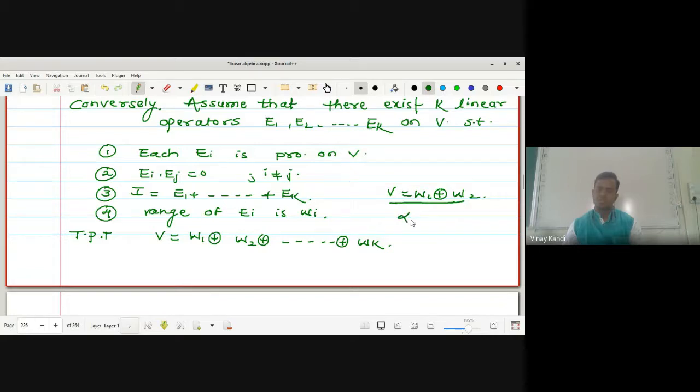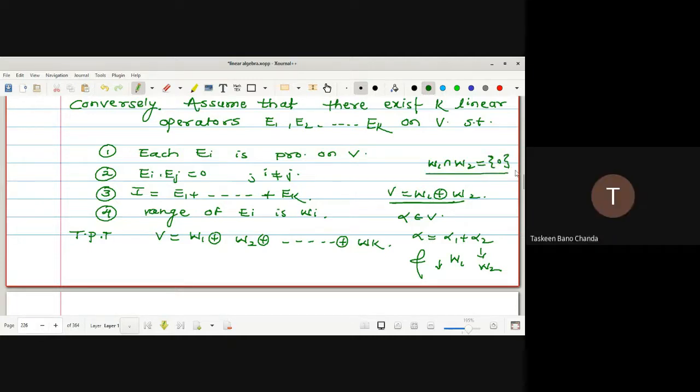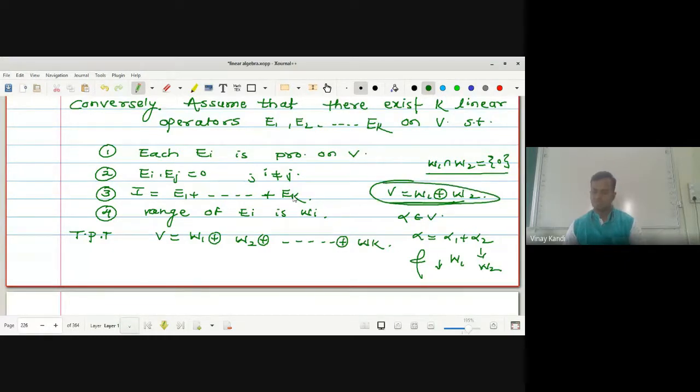If any vector alpha belongs to V, you can write alpha is equal to alpha 1 plus alpha 2, where alpha 1 belongs to W1 and alpha 2 belongs to W2, and the intersection of W1 and W2 is the singleton zero. If so, it is a direct sum. Since the intersection is 0, this representation of alpha is unique. There is no other representation of alpha. Alpha equal to alpha 1 plus alpha 2 is the unique representation, where alpha 1 belongs to W1 and alpha 2 belongs to W2. Showing the intersection is 0 means the expression is unique. Note this carefully.